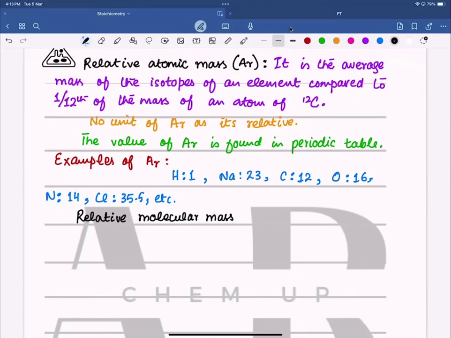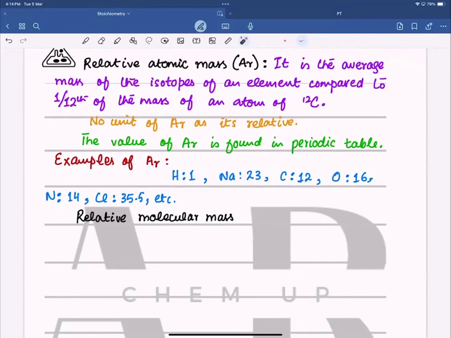So that would be its mass. So in case of hydrogen, it has a mass equal to 1 unit of carbon 12. And if we compare sodium with carbon 12, sodium's mass is 23 times greater than the mass of 1 unit of carbon 12. So that's how we relate it. That's how we compare it. Is this understandable, sir? Yes, sir.